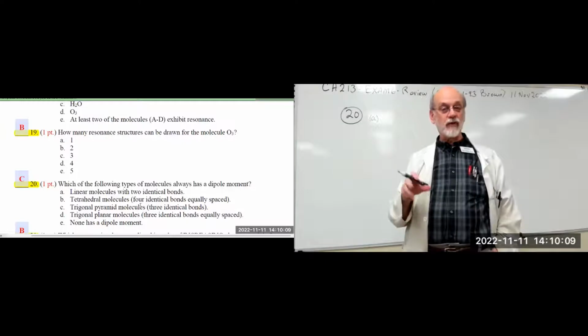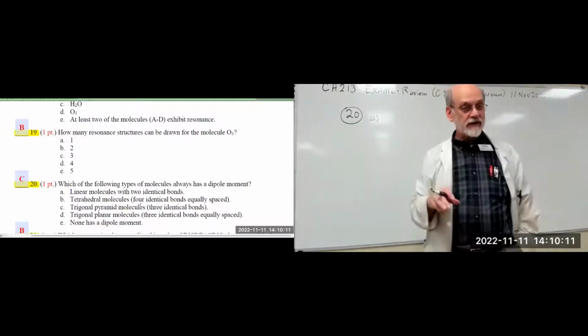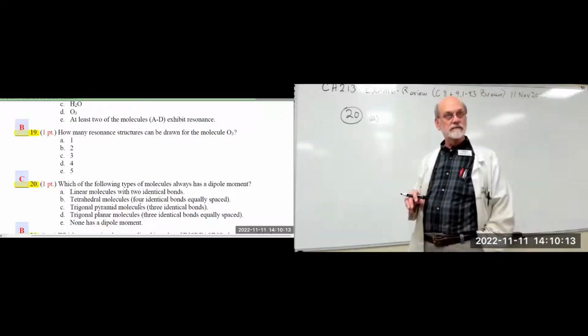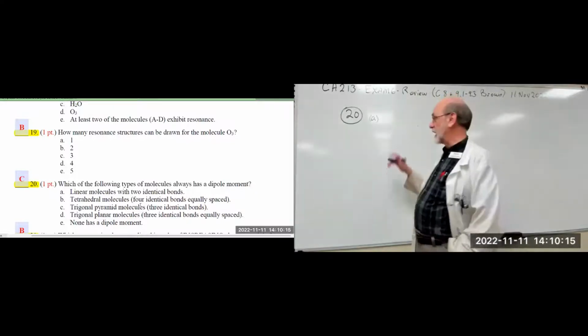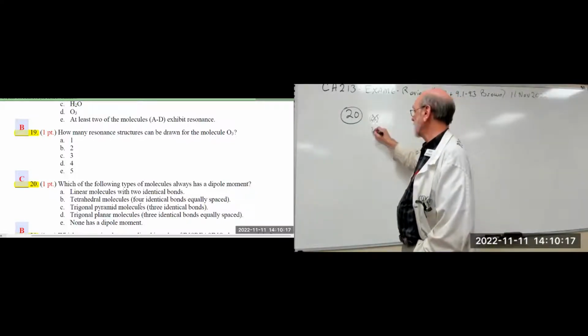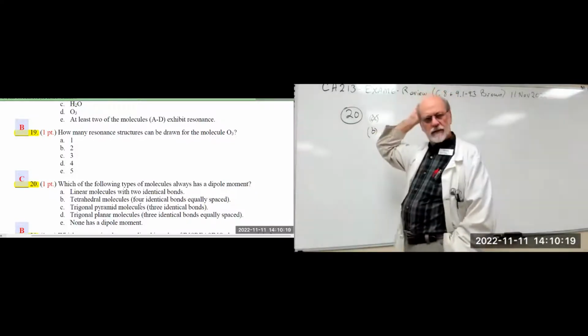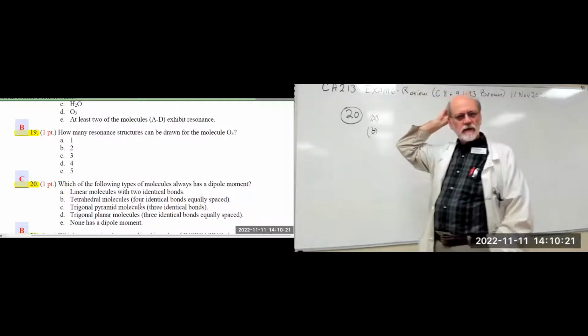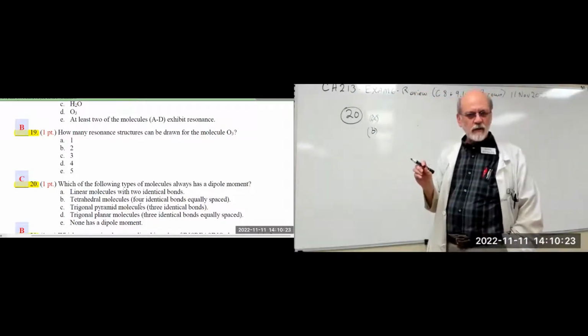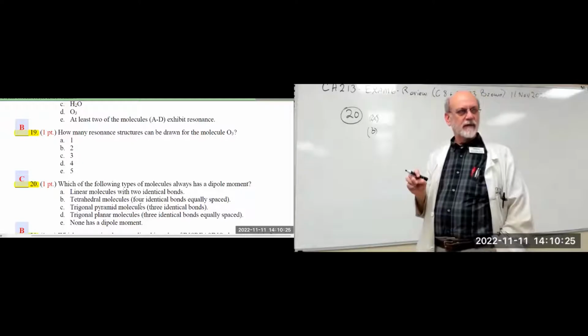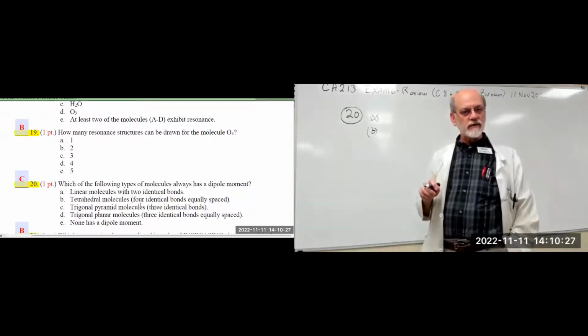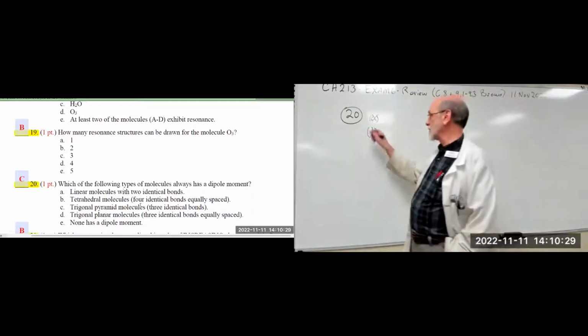Always has a dipole moment? Linear with 2 identical bonds is nonpolar. Right, so it can't be A. How about B? Tetrahedral molecule, 4 identical bonds equally spaced. No, those all cancel each other out. Right, so it can't be B.